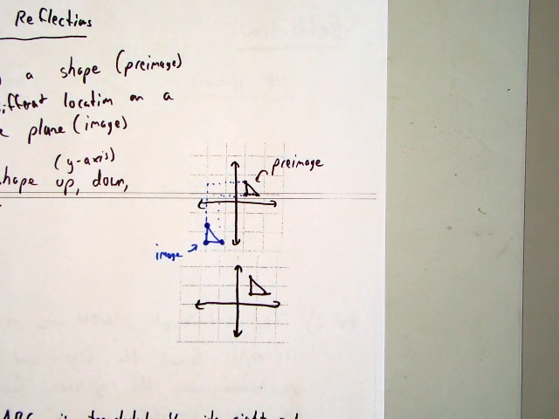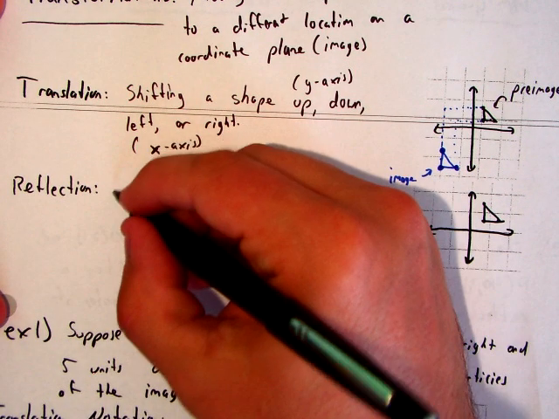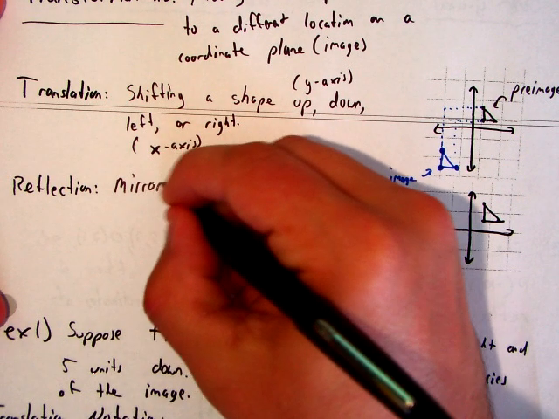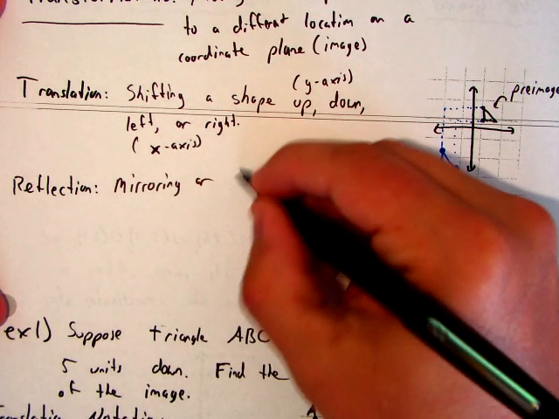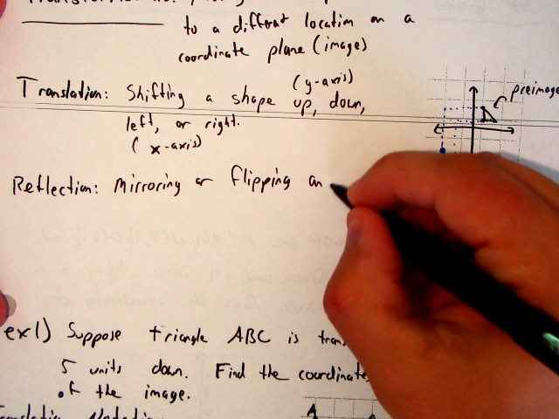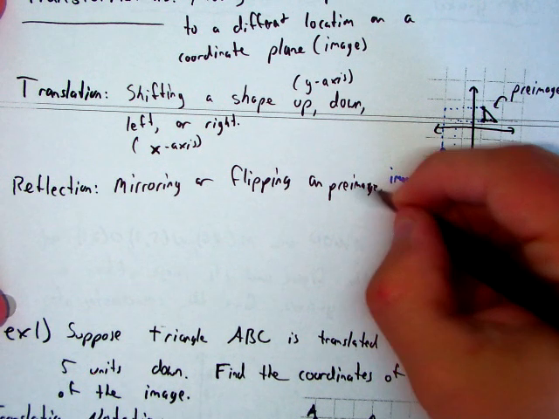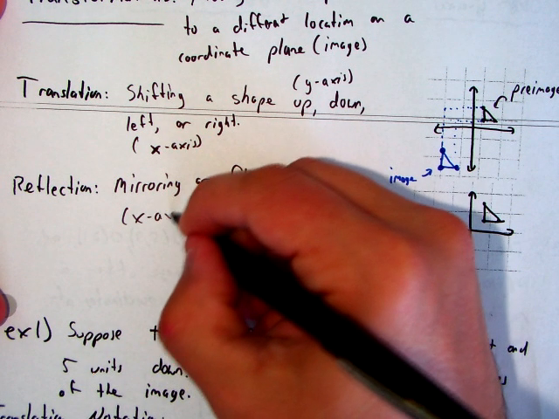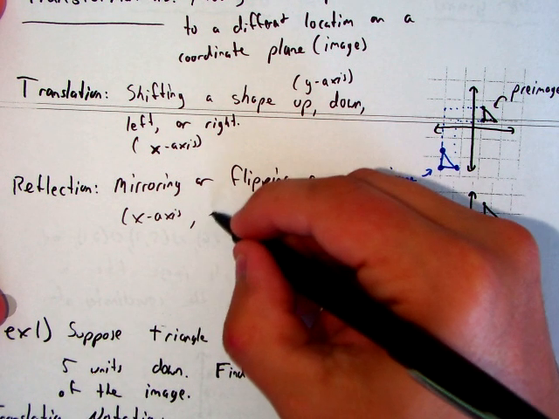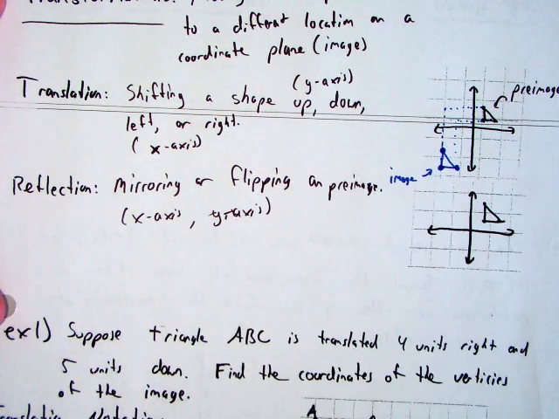The next kind of transformation that we're going to be talking about is called a reflection. A reflection is mirroring or flipping an image, a preimage. We can do it along the x-axis or the y-axis. And we'll talk about what those look like as well.